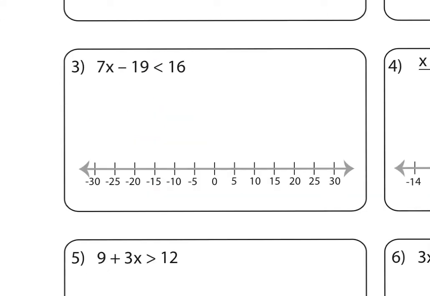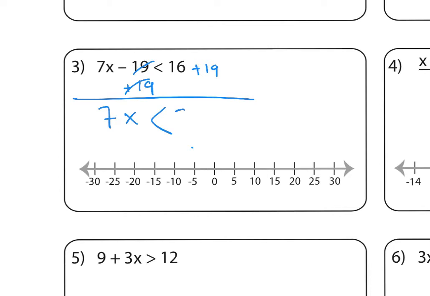All right, so for number 3, we got 7x minus 19 less than 16. As we can see here, we got negative 19, so we need to cancel the negative 19. So we're going to add the opposite of negative 19, which is positive 19, right? And that's going to be 7x less than 35.